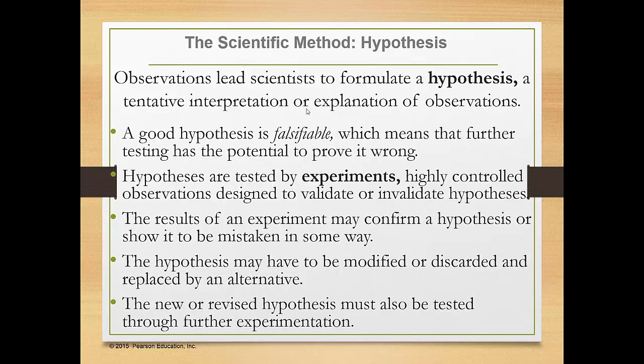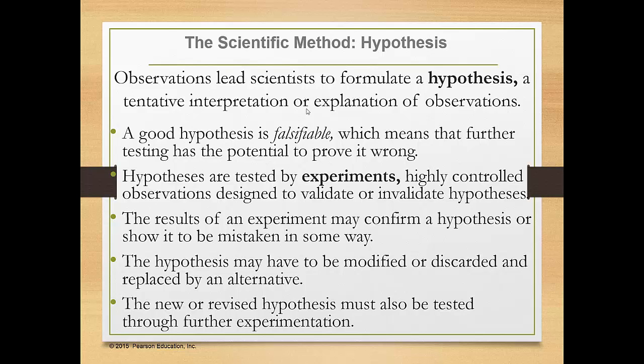Now, if it's a good hypothesis, it is falsifiable. So any of these hypotheses are that way. Further testing could prove you wrong. You want to keep testing. You keep designing experiments that are highly controlled observations where you're trying to either validate or invalidate your hypothesis. You want to see what effect one thing has on your experiment.